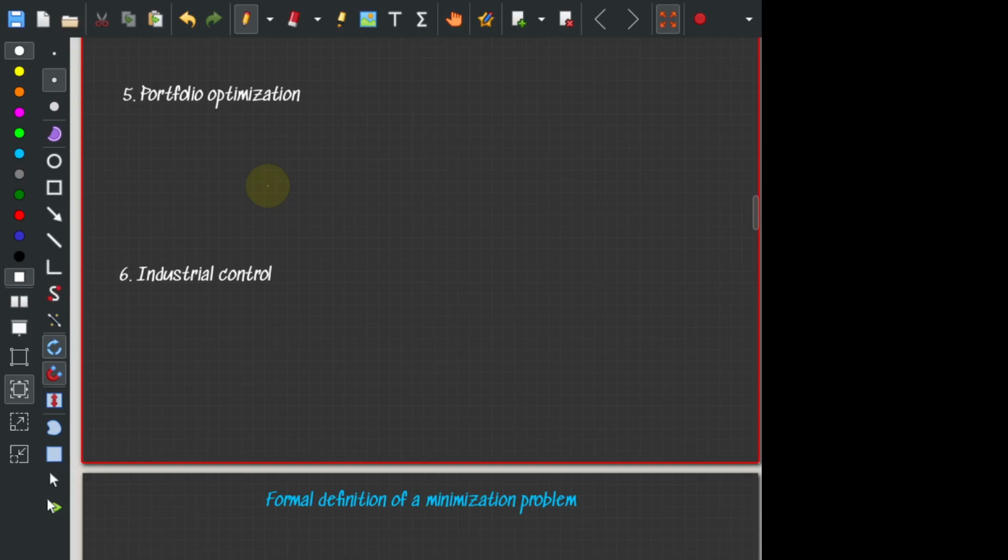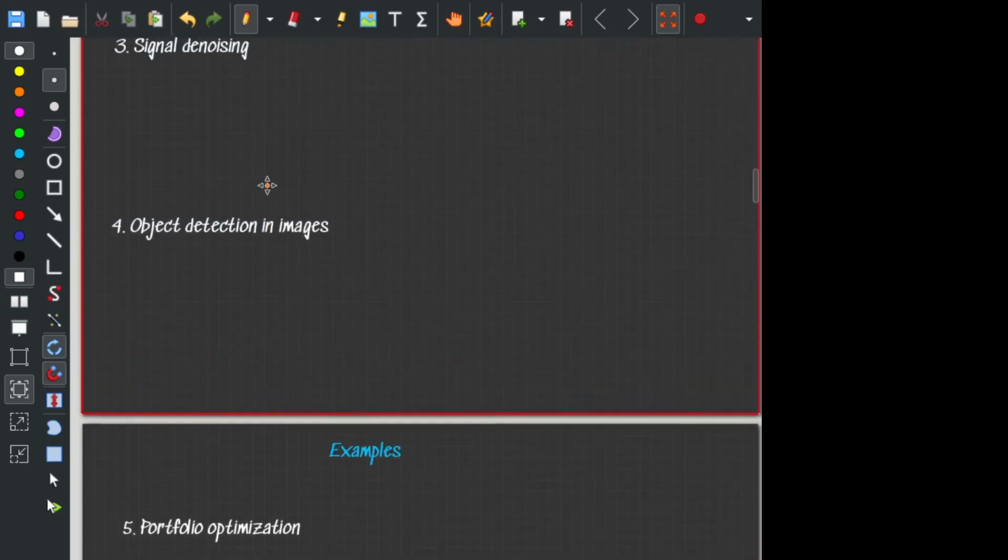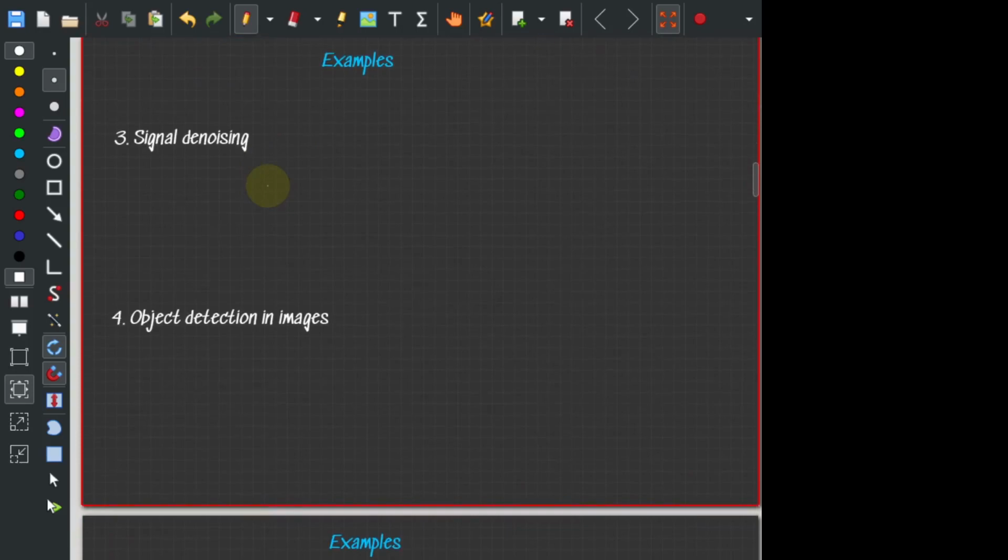So in each of these, you can see that there is an objective function and there are some constraints. And the first part, and in many cases the most difficult part, is to mathematically identify what your objective is and what your constraints are.